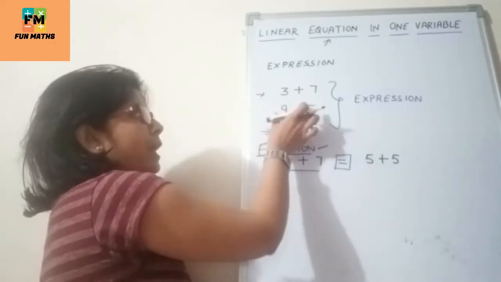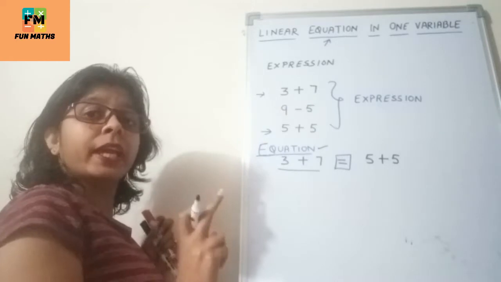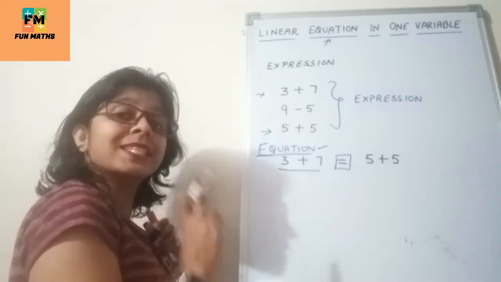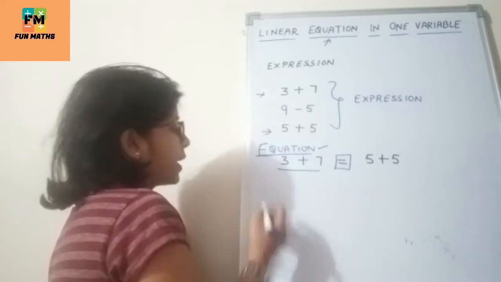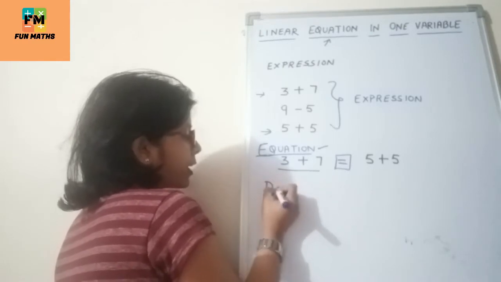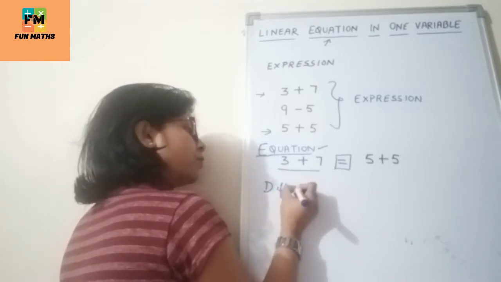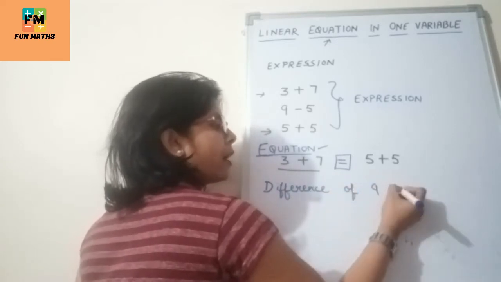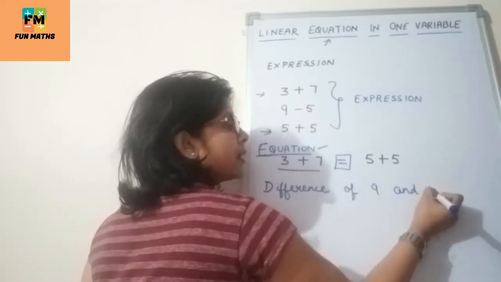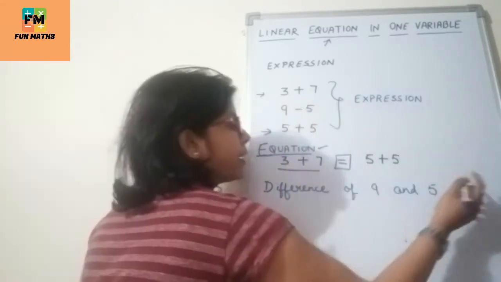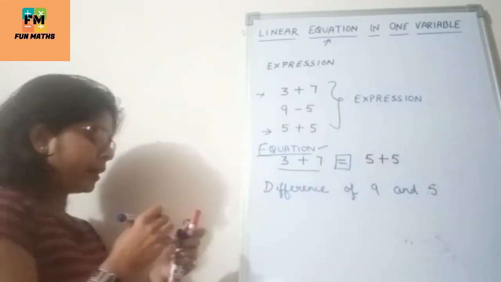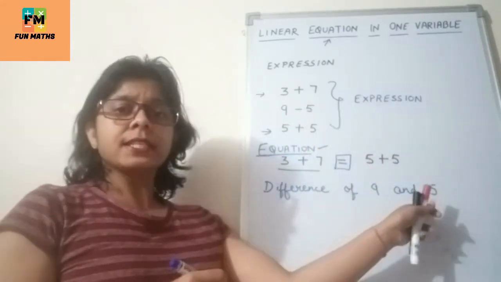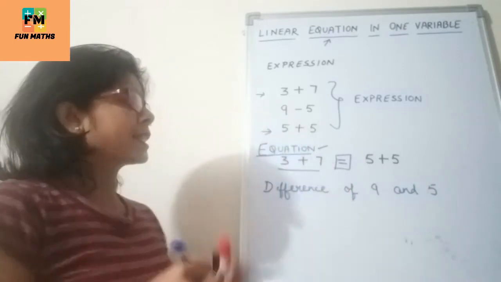If I want to use one statement for this expression, what can I use? I can write difference of 9 and 5. Yes, this particular expression, if I want to write in a statement, I will write difference of 9 and 5.